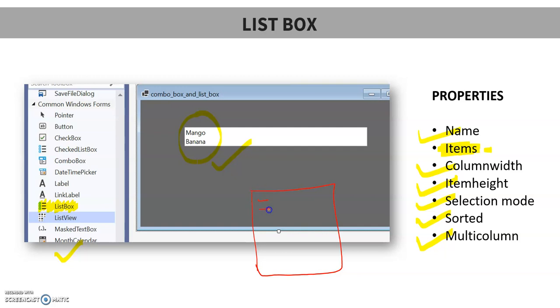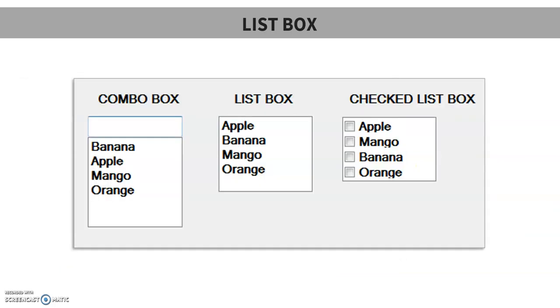So I want certain items in columns. You can use this feature with the multi-column property. If it's true, then automatically your items will go into the next column. So it's very easy, the list box.